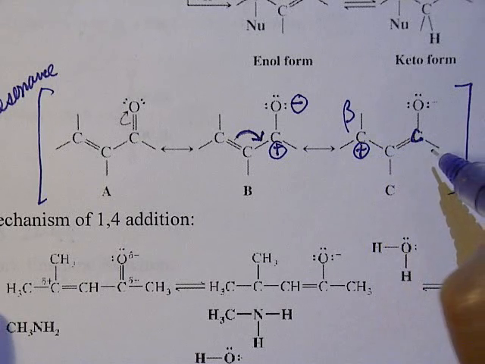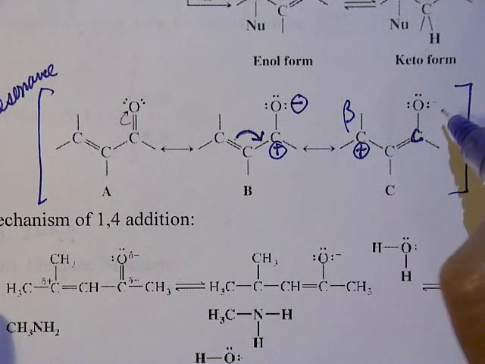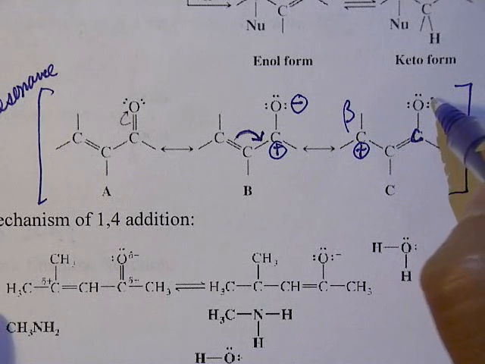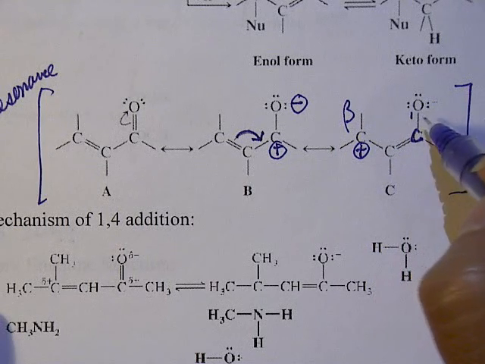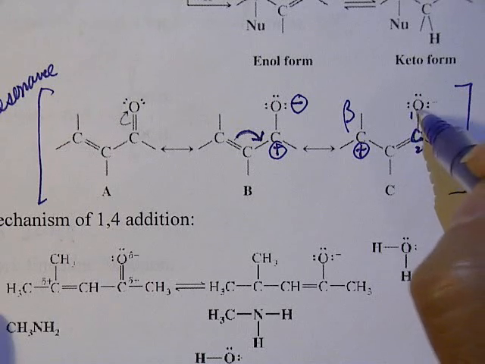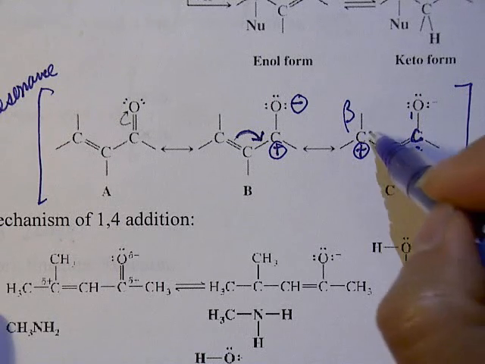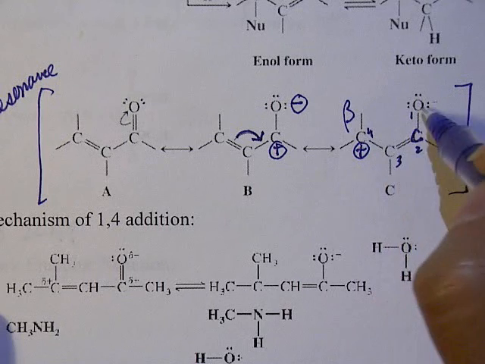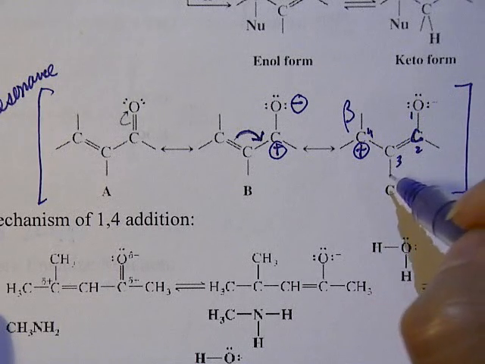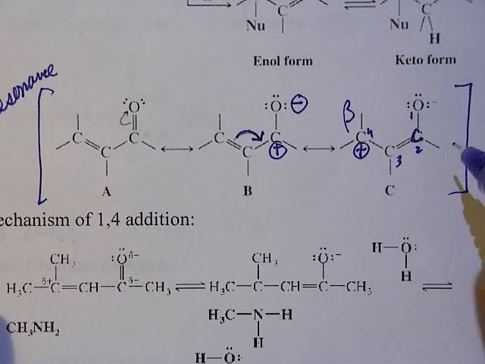The way 1,2 versus 1,4 came about is the way they number it. It has nothing to do with nomenclature, but this is 1,2, and the relationship is 1,4 between the oxygen, so that's why it's called 1,4 addition versus 1,2 addition.